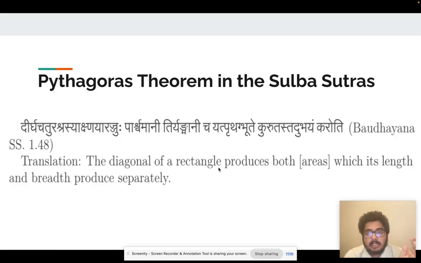That means that if you construct a square on the diagonal of a rectangle, the area of that square will be equal to the sum of the areas of a square made on its length and a square made on its breadth. If this is L, the area of the square based on this will be L square.